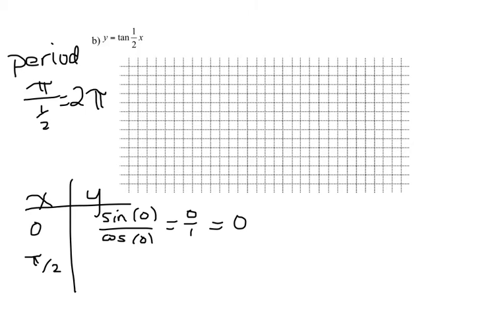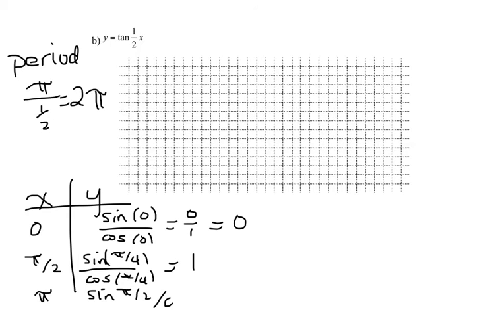So if x is pi over 2, this is going to be sine of pi over 4 over cos of pi over 4. Those are, of course, equal to each other, so that's 1. And at pi, that'll be sine of pi over 2 over cos of pi over 2, which is 1 over 0, so it's undefined.